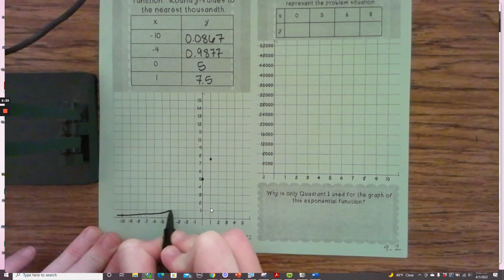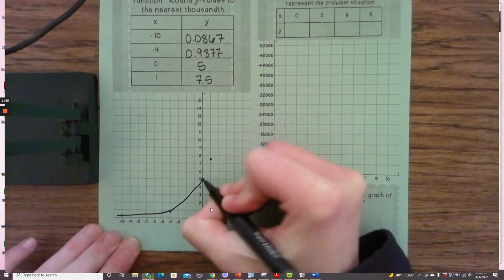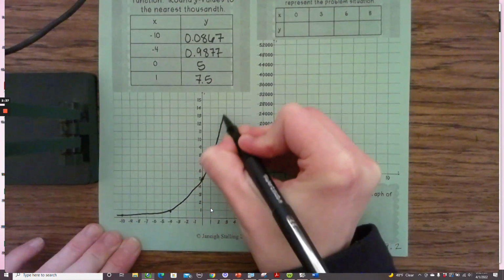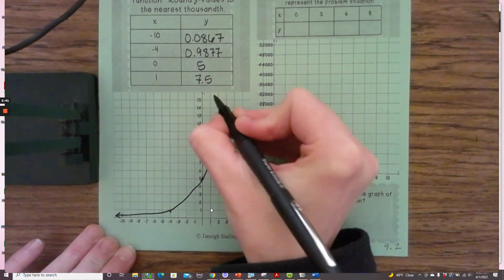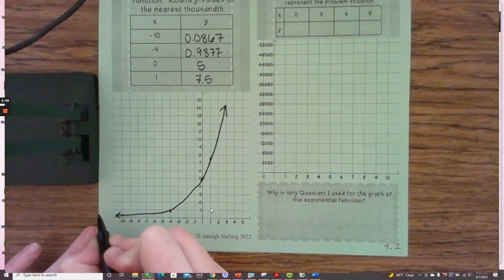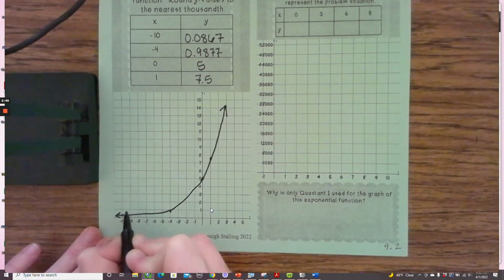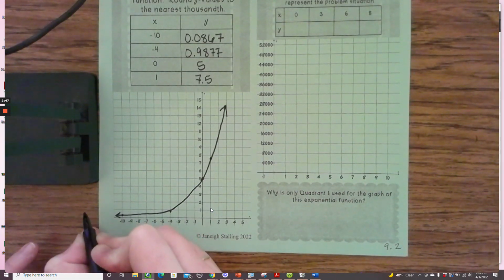And you can just connect your dots. And so you know with exponential growth that it's going to continue to increase, and that when we go to the left, this will never cross the x-axis.